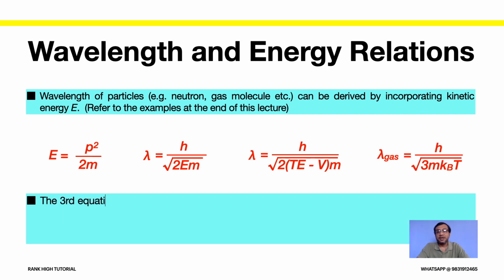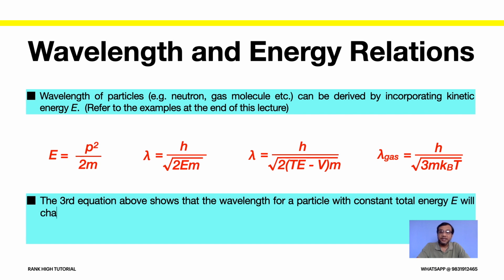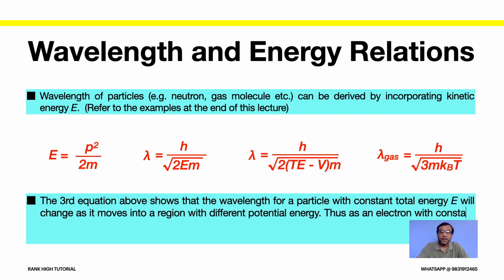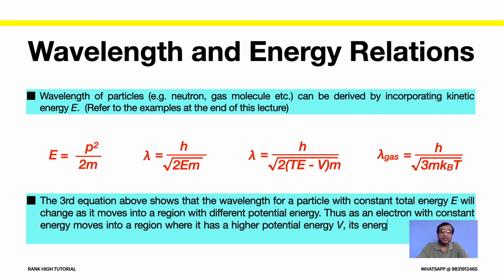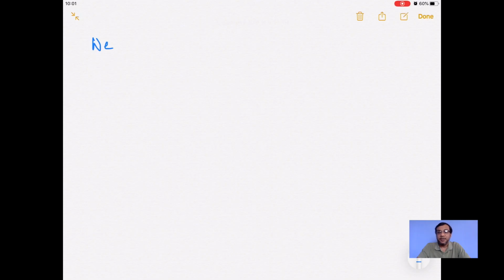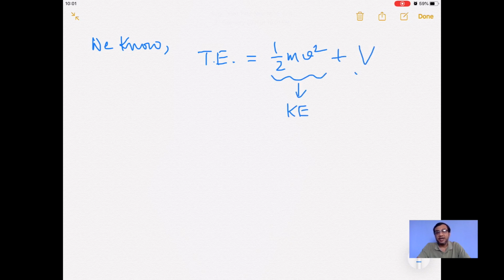The third equation above shows that the wavelength of a particle with constant energy E will change as it moves into a region with different potential energies. Thus, as an electron with constant energy moves into a region where it has a higher potential energy capital V, its kinetic energy decreases and its associated wavelength increases.